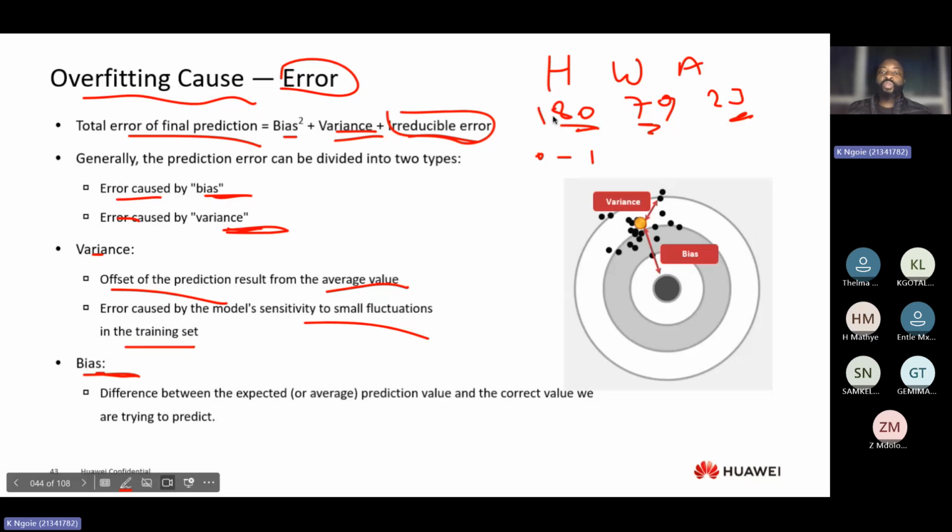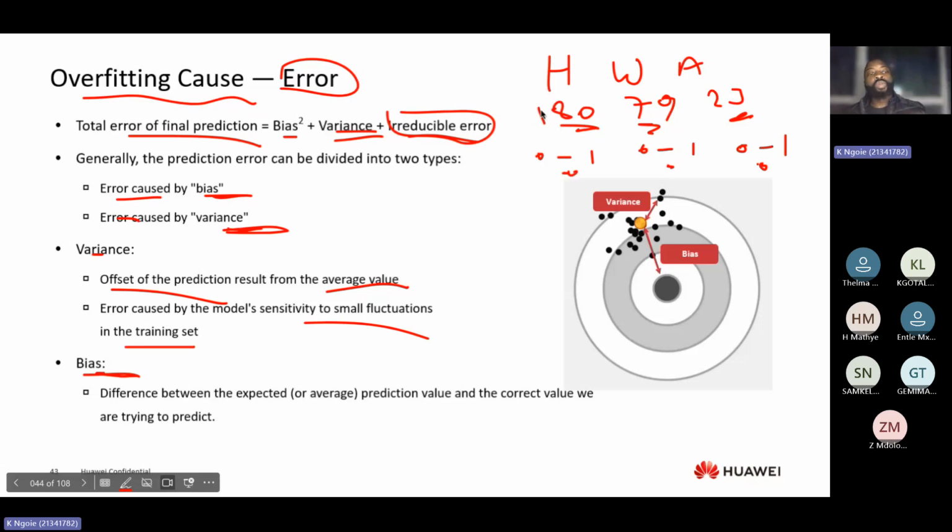So maybe someone who's 1 meter 80, it's going to convert this value to 1.8, and so on. And all the weights will be between 0 and 1. We do the same thing here, 0 and 1, and then here as well, 0 and 1, so that now all the values that we have are in the same space. And this makes everything easy, and it makes our model accurate.